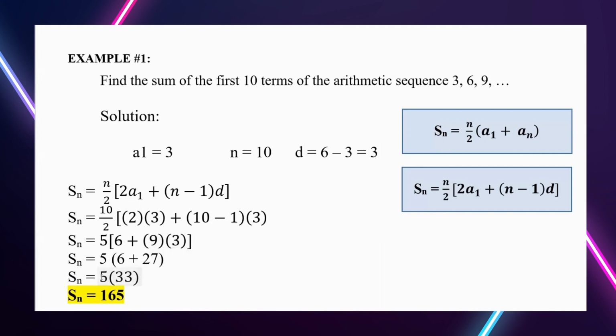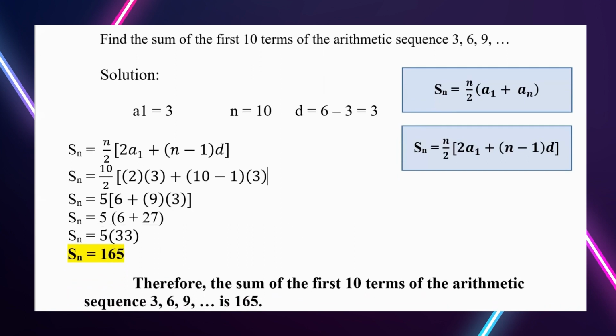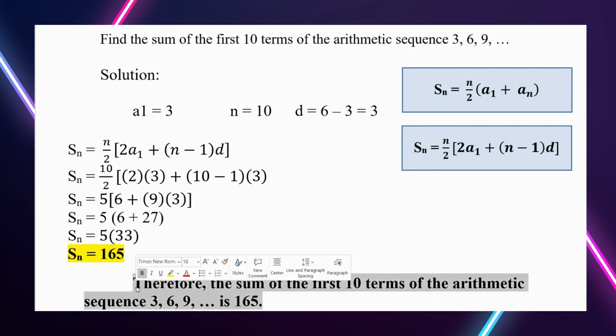And get the product of 5 and 33. 5 times 33 is 165. Okay, therefore, what is 165? 165, therefore, the sum of the first 10 terms of the arithmetic sequence 3, 6, 9 is 165.